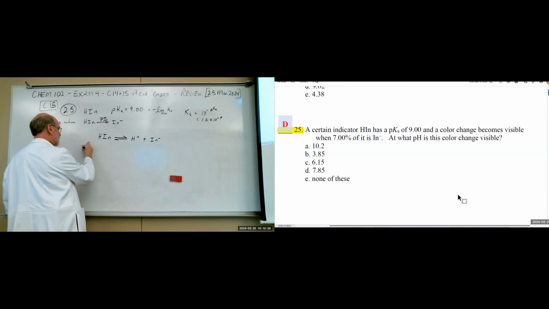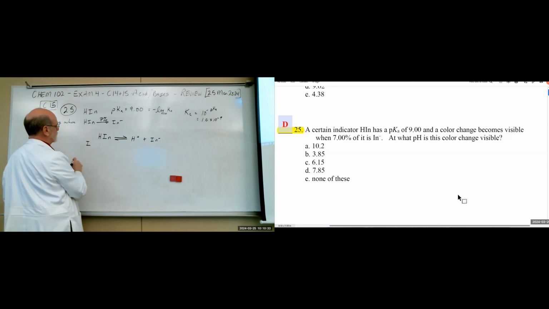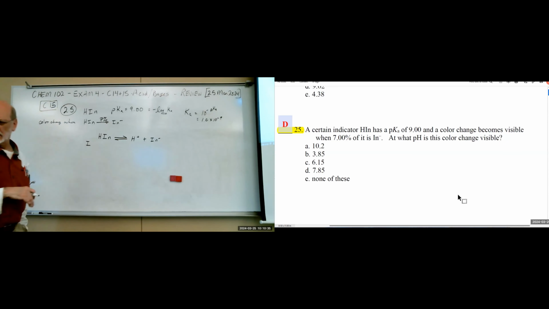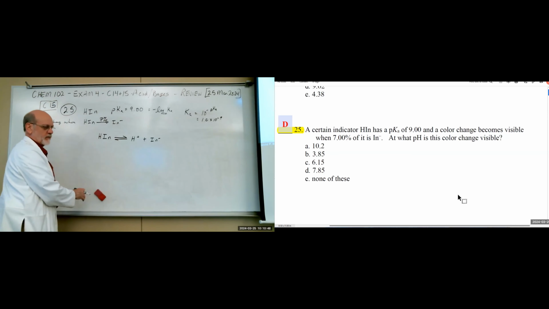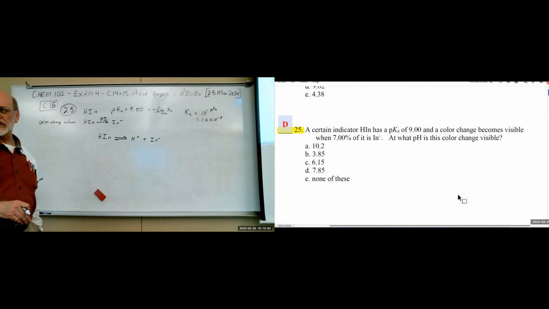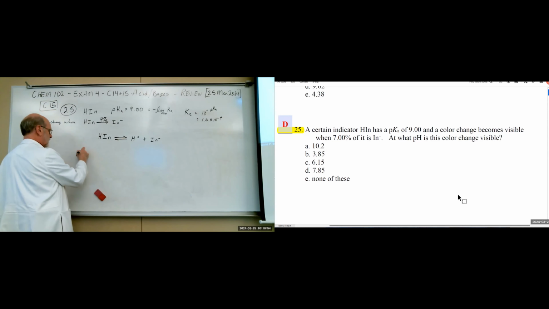Right, so our initial situation is, let's see, do I invent a concentration? No, there's no need. Sorry. We're not going to use the ice table. Right? That's too much sugar for a dime. We're going to use Henderson-Hasselbalch.